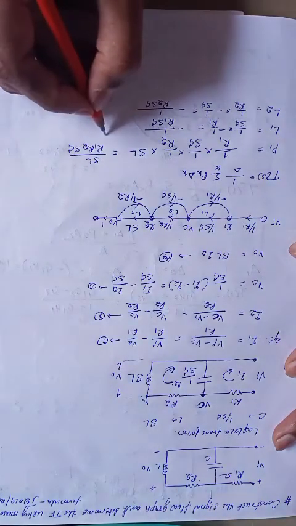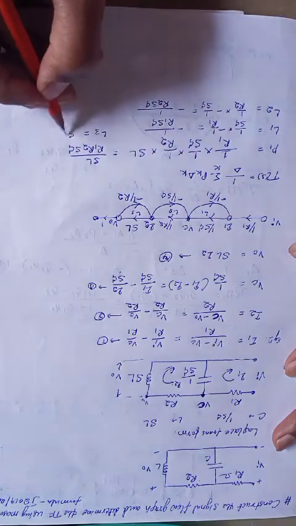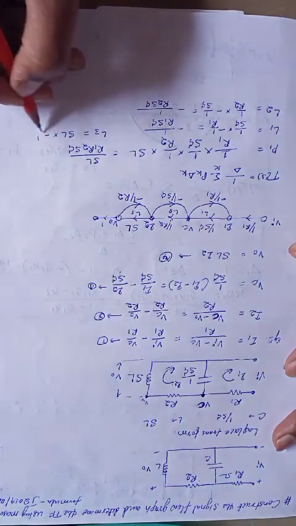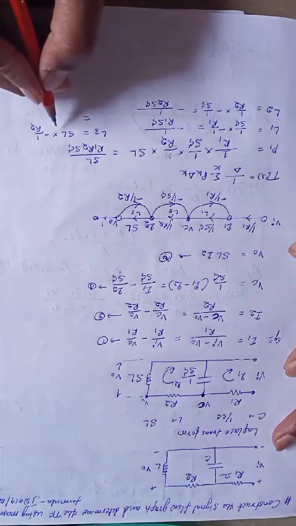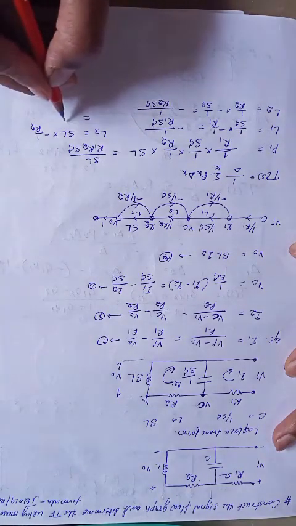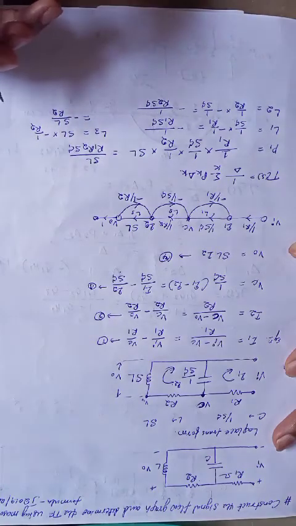The third loop is L3, that is nothing but SL into minus 1 upon R2, that equals SL divided by R2, that is minus.